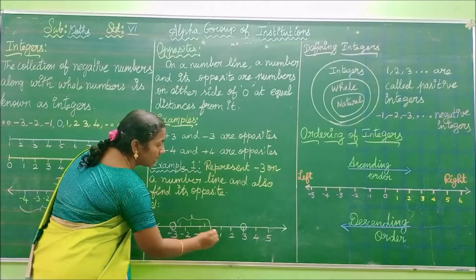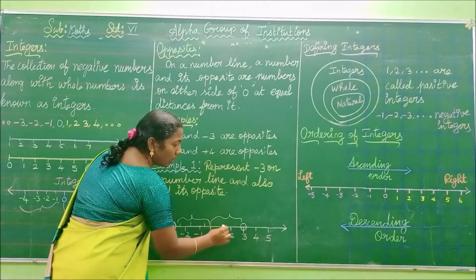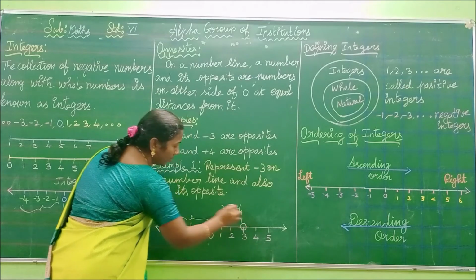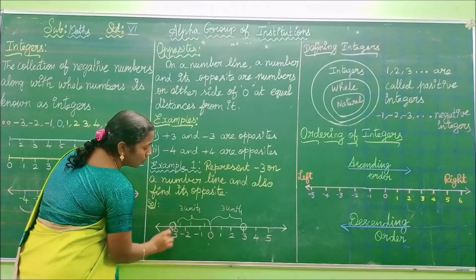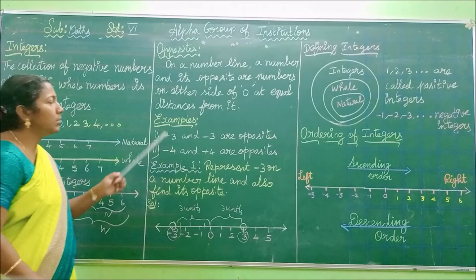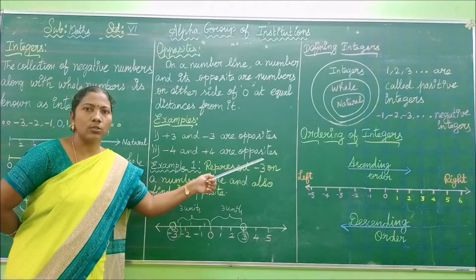Similarly, what is the distance between the number 3 and the 0? 1, 2, 3 units. So they are at equal distance from the point 0. So we can call these two numbers opposites of each other. Okay. Similarly, we can say minus 4 and plus 4 are opposites of each other.